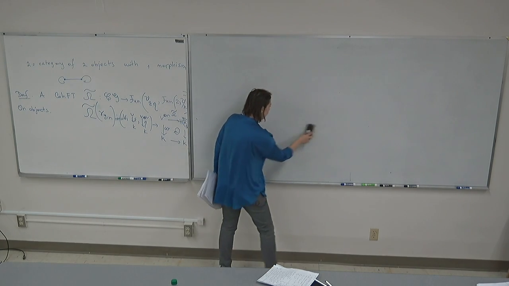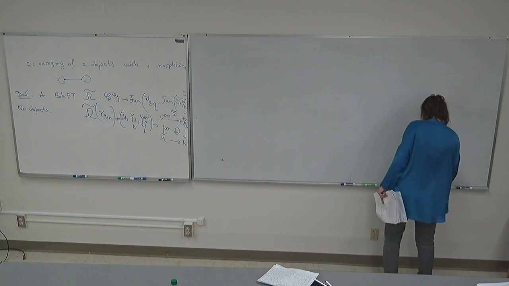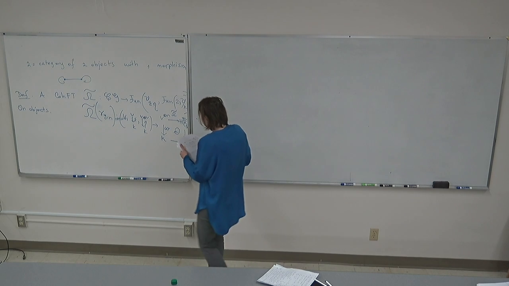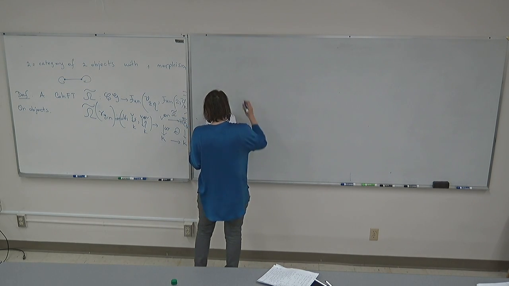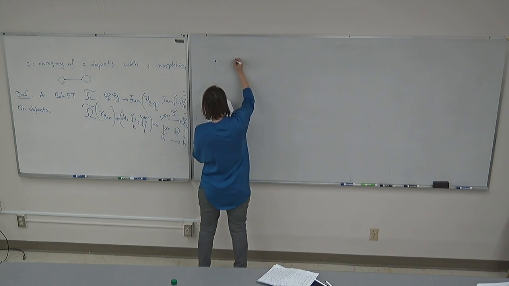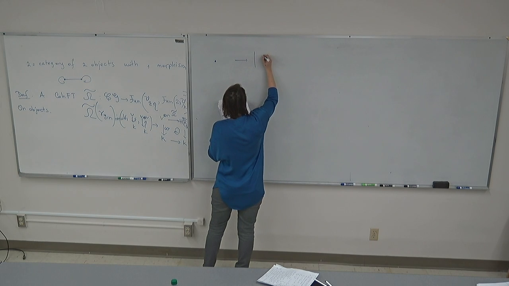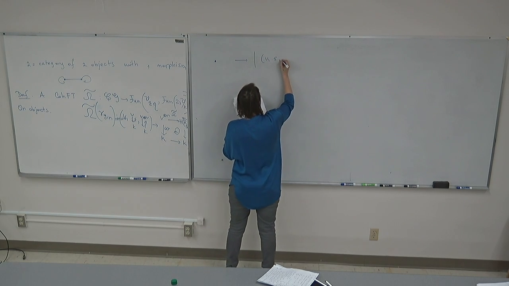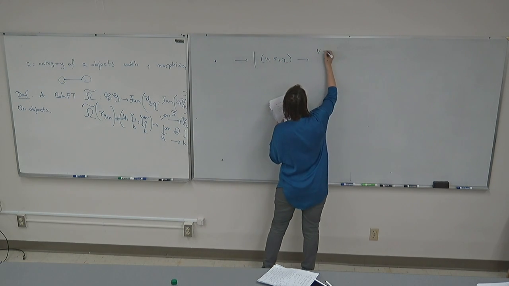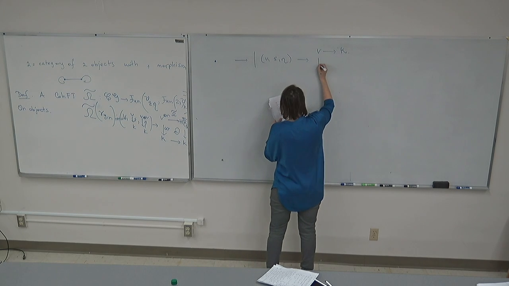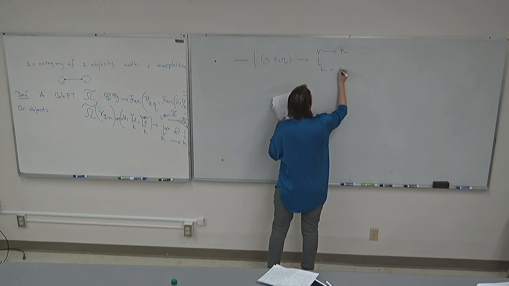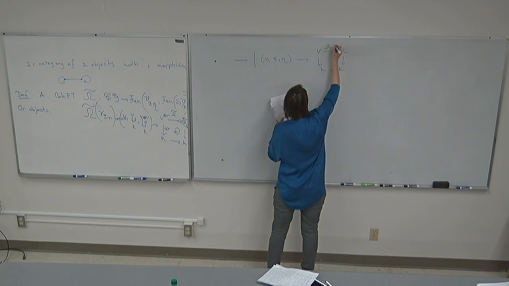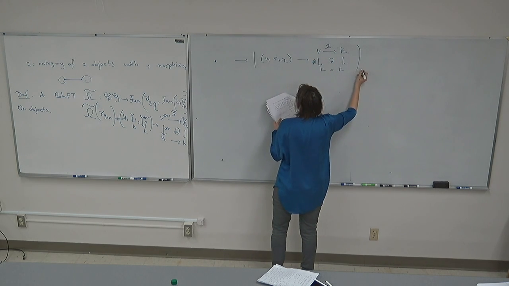I'm not going to pose any condition for G and N. So for example, this point is going to send this pair to, here I have this, this is the trace, and I ask that this is commutative.